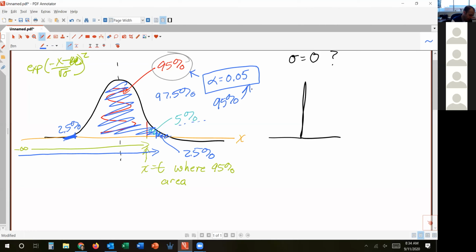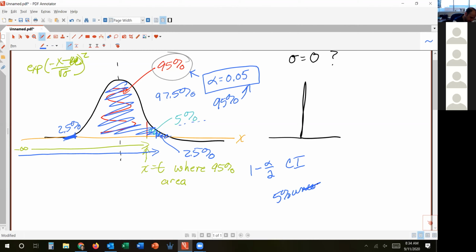You'll often see nomenclature that says 1 minus alpha over 2 confidence interval. And this is to remind you that you have to do a two-tail. I still have 5% uncertainty.